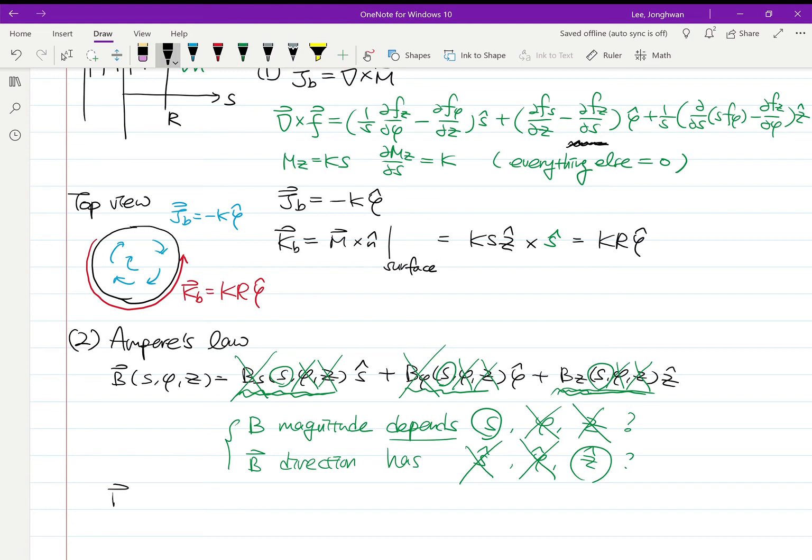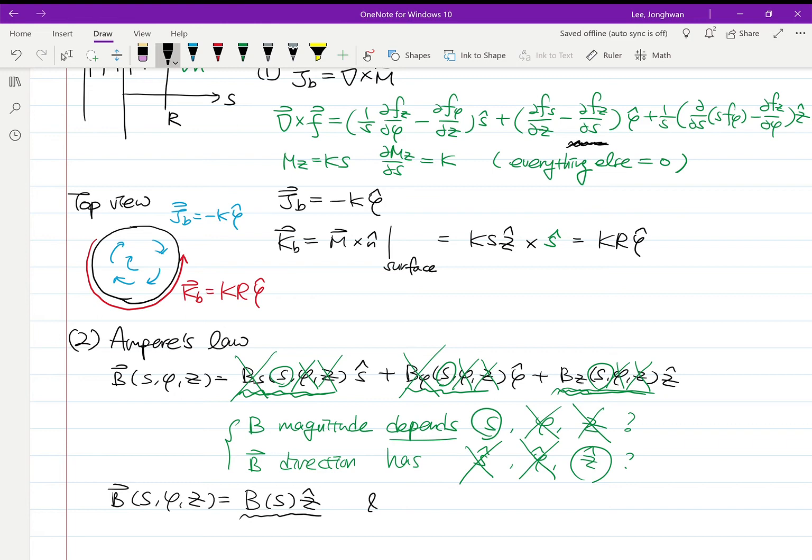So you can simplify. Let's take out the z because we have only one. Now it's much simpler, and you can focus on finding this single unknown function Bz(s) using Ampere's law.